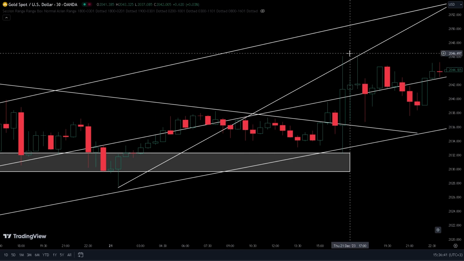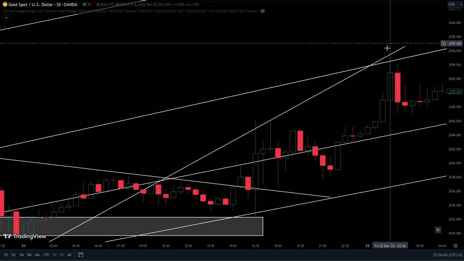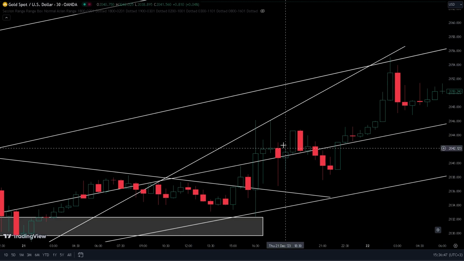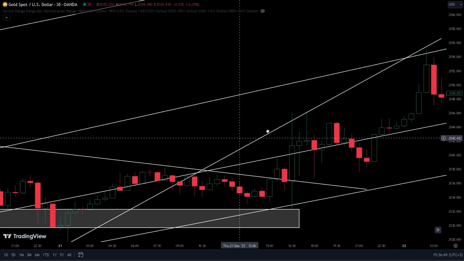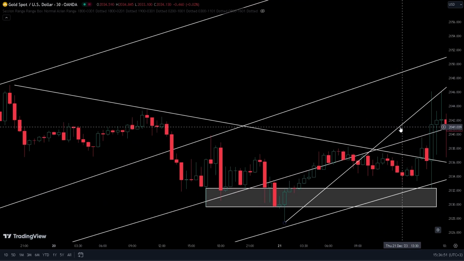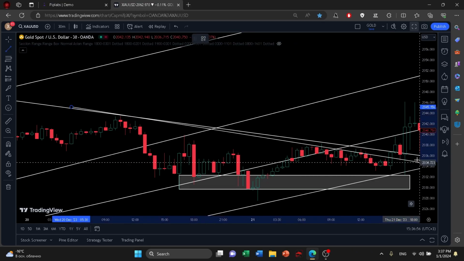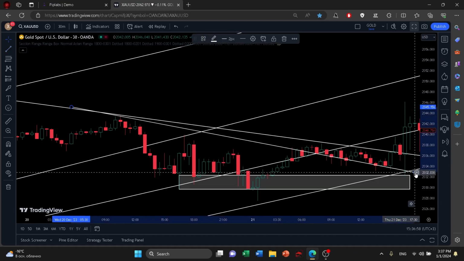Here it did act the same, and here it did act the same, okay? As supply, let's say, okay? Supply, supply, supply. And at the same time, if I remove this line and if I plug it this way, okay?